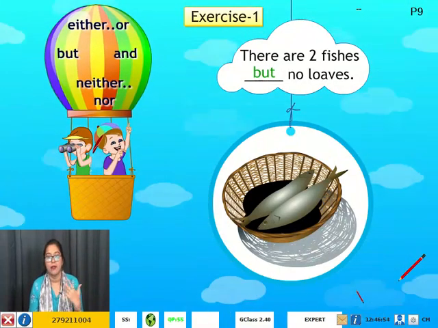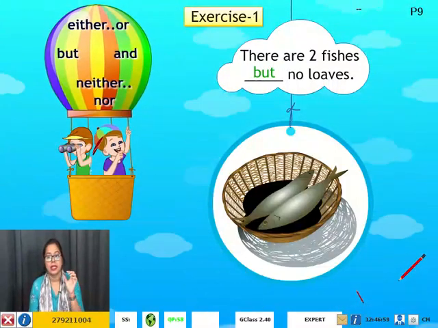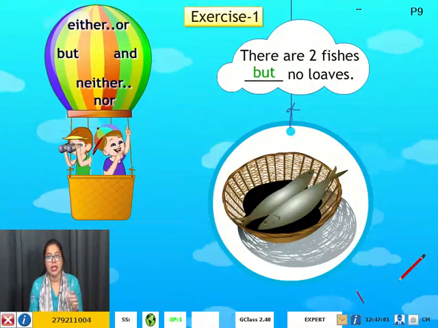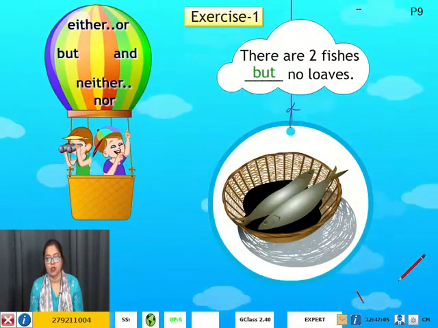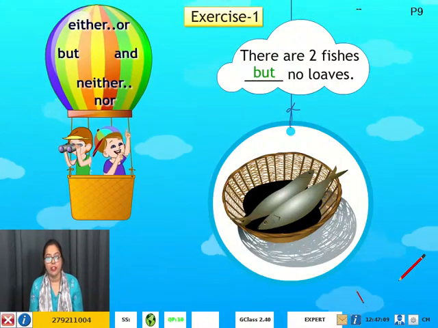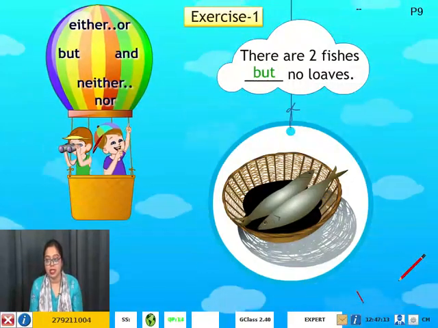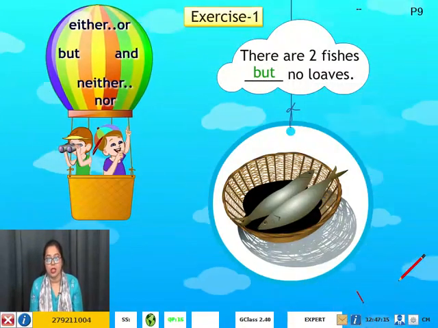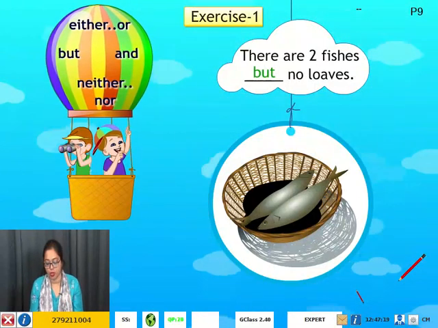As I have already said earlier, whenever we are using the connector but, there is a condition in a sentence. So look at the sentence carefully. There are two fishes, but no loaves. Previously there were loaves, isn't it? But now there are no loaves. So there are two fishes, but no loaves. Okay.